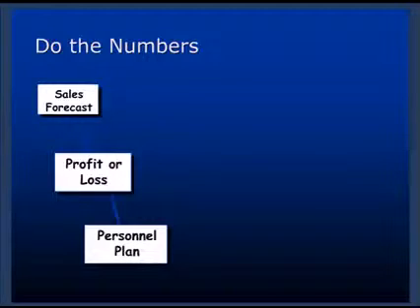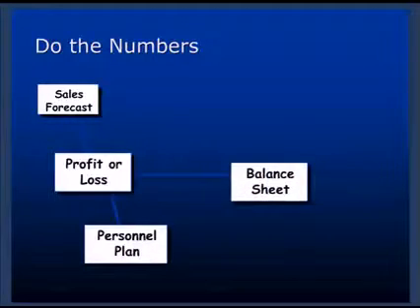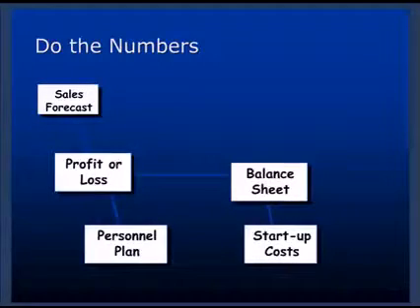A business also needs to project its financial position, called the balance sheet, which is assets, liabilities, and capital. And to do that right, you need to start that balance with an estimate of startup costs if you're planning a new company, or for an existing company, past results that set the starting balances.